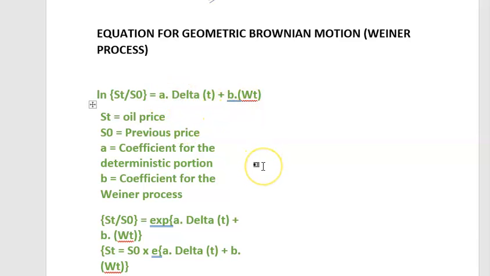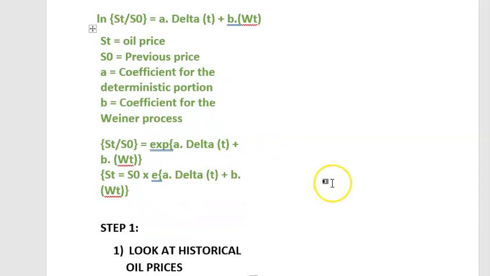And even if you spend all that time, the future is the future, and anything can happen. But anyway, that's what the Wall Street people do. So this is the equation that I'm going to use.